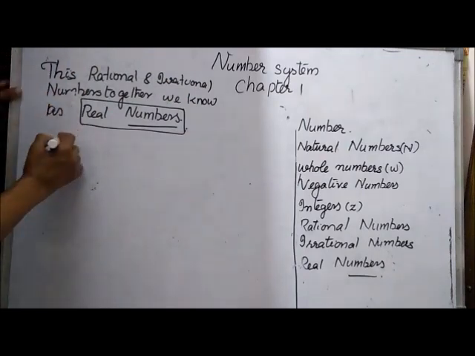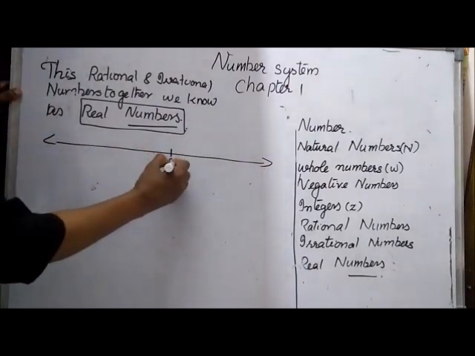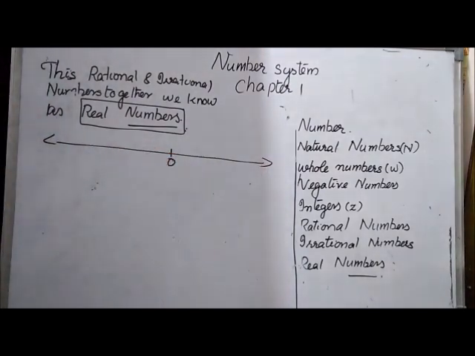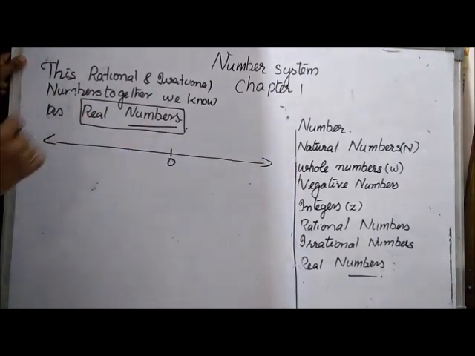So in a number line, we can represent all these numbers. This is known as the real number line.